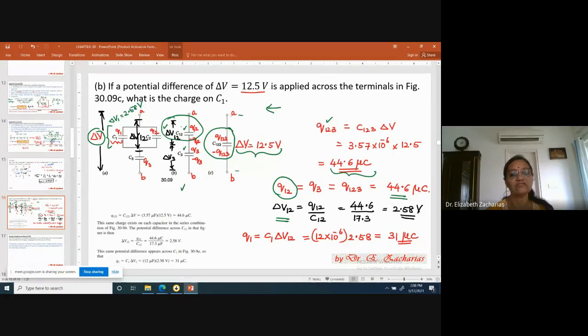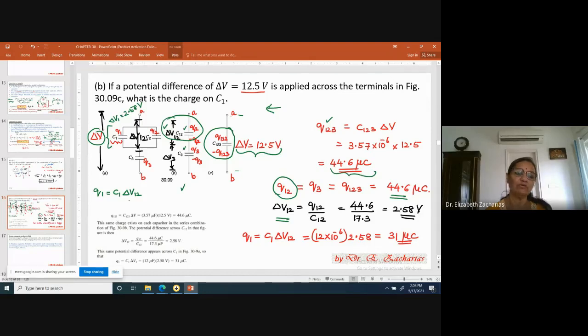Okay. Therefore, now what I'm going to do is I'm going to look at individually Q1 and Q2. Instead of looking at it as C12, I'm going to look at them as Q1 and Q2 or C1 and C2 in parallel. And I know that this delta V12 is the same for both these capacitors. So now I'm going to just take Q1 equal to C1 into delta V12.